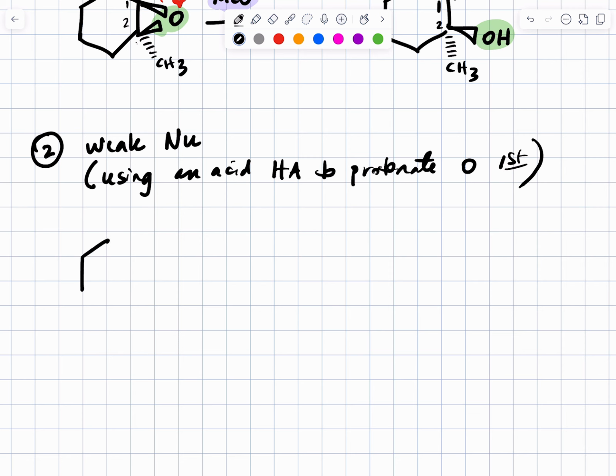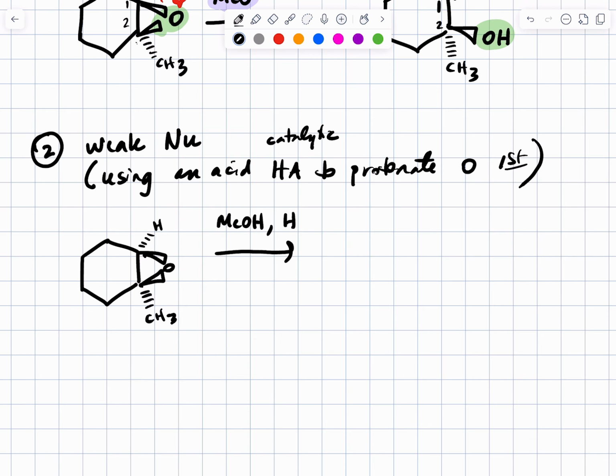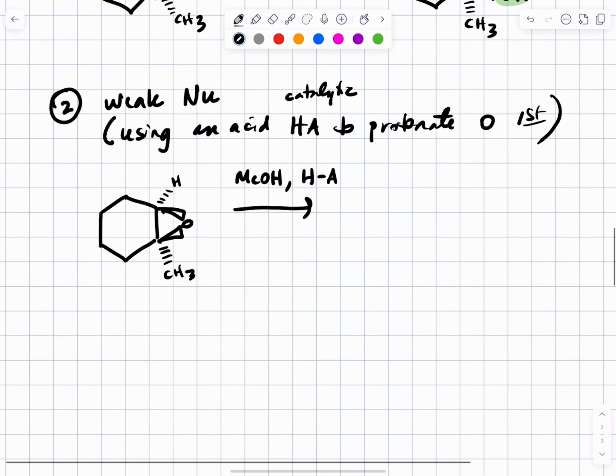So, let's imagine that we take the same epoxide. We had a methyl group here. And let's imagine that we use methanol, but we add a little bit of acid. It turns out we will only need a catalytic amount of acid. So I could write methanol and HA.